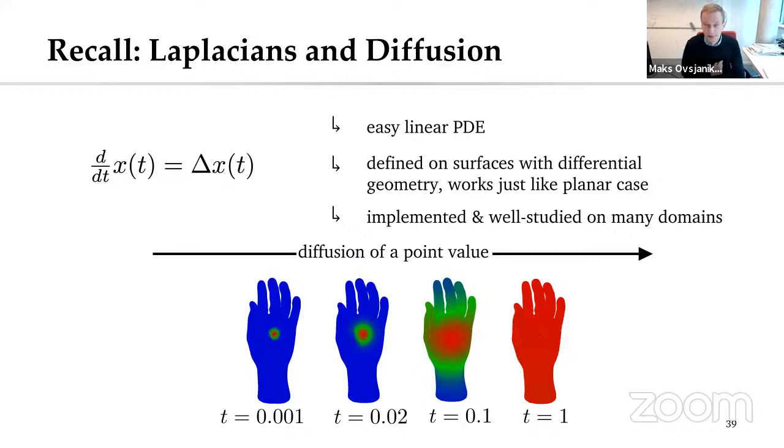It's extremely well studied and super robust. There are many different implementations on meshes, point clouds, and even more general domains. Intuitively, if you have a point source on this 3D shape of a hand and you let it diffuse, it explores the neighborhood more and more, and then eventually you have a constant temperature over the entire surface.